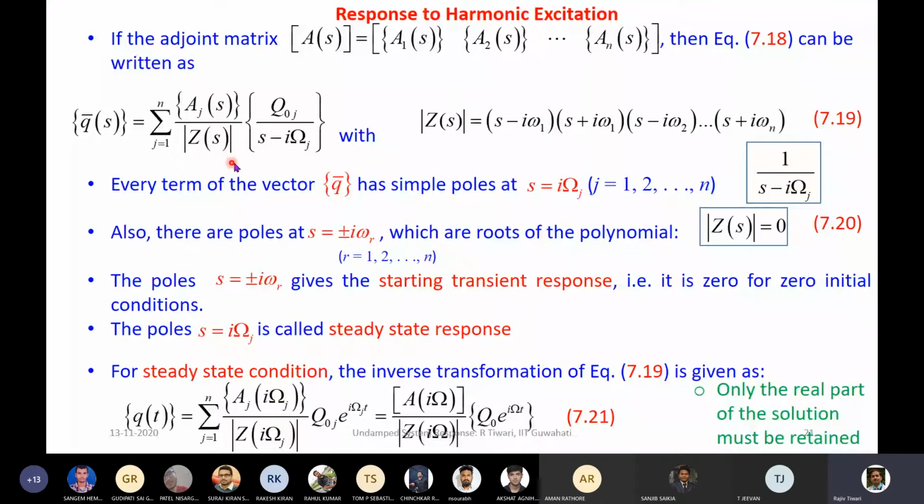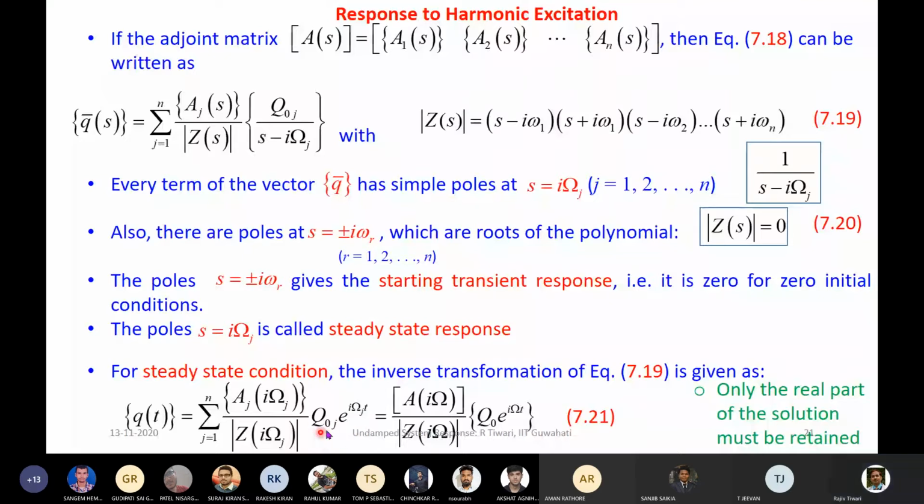And this particular term, when we do the inverse transform, gives e raised to i omega j t. This is the inverse transform of this term. Some more steps are shown in the subsequent slide.